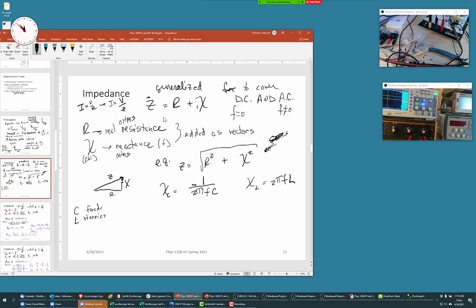And so these two are vector components, the real part and the reactive part. So we have to add them as vectors, and they're at right angles to each other, so they're components. So it's easy. We just use the Pythagorean theorem at the end of the day. And I'm going to loop back over this and explain it in more detail.